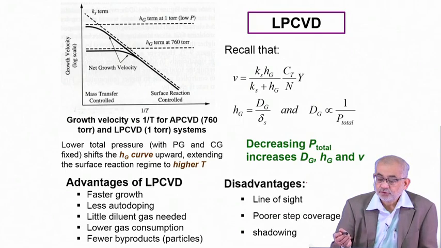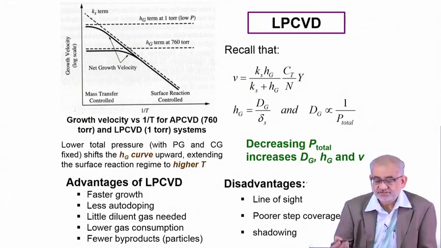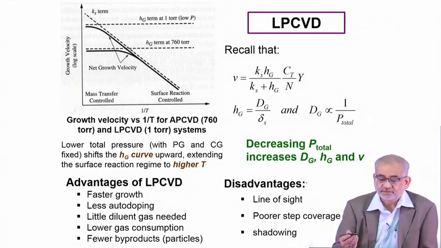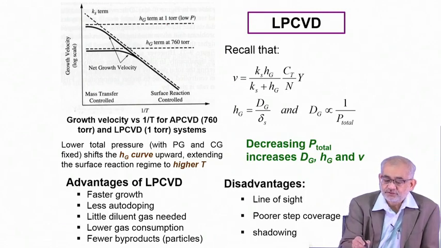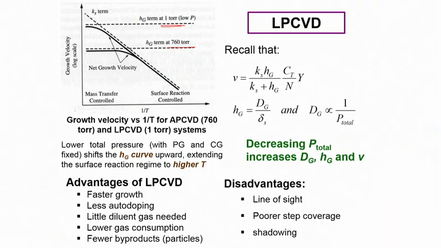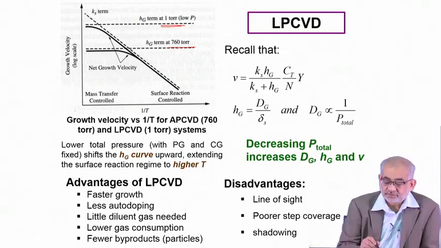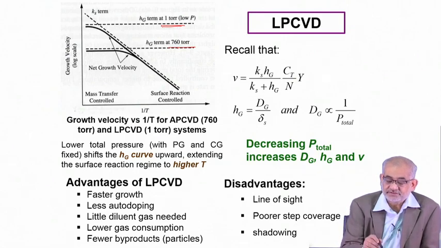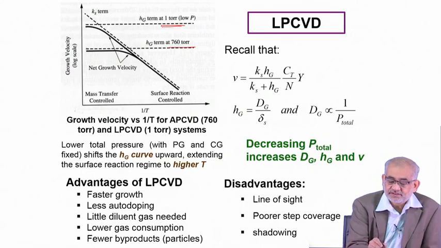Now, in low pressure CVD, where you are using fairly low pressure, just a few torrs compared to atmospheric pressure, because of this low pressure, generally the growth velocity is much higher at high temperature region. Typically in case of an atmospheric plasma, this would be the kind of growth rate.